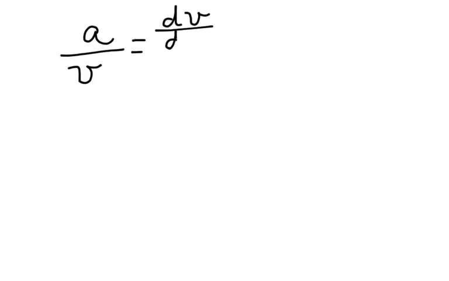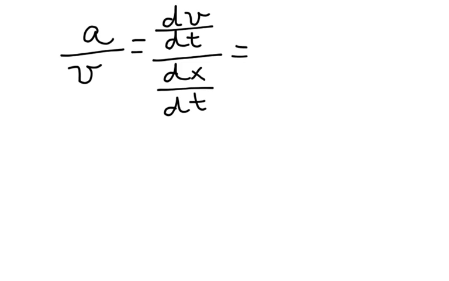Now in deriving the third kinematics equation, I want to go ahead and look at your instantaneous acceleration and divide that by your instantaneous velocity. Now, as you recall, acceleration is the derivative of your velocity as a function of time, and your velocity is the derivative of position as a function of time.